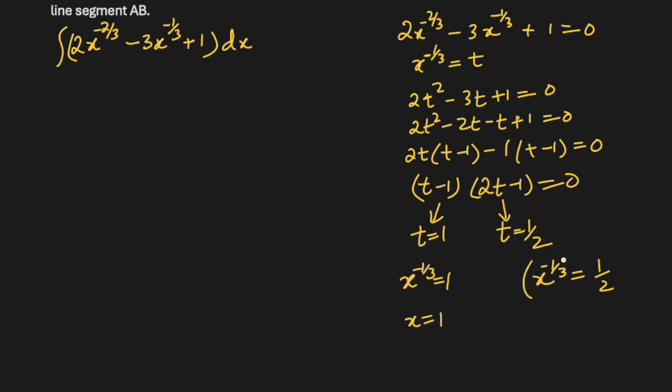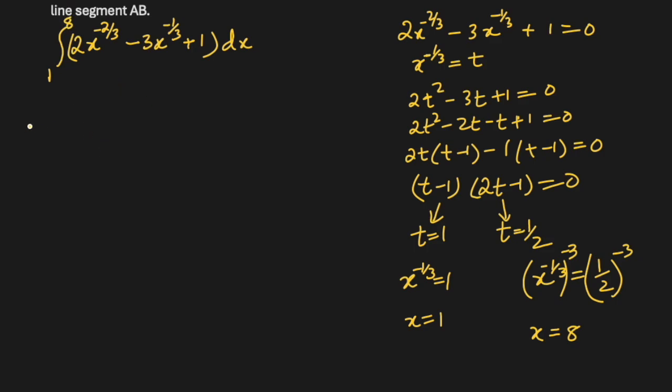I have to give it power minus 3. Yes, so that this minus 1/3 and minus 3 become 1, which gives us x. And if I put 1 over 2 to the power minus 3 in my calculator, I should get 8. This becomes my limits for this definite integral, 1 to 8.